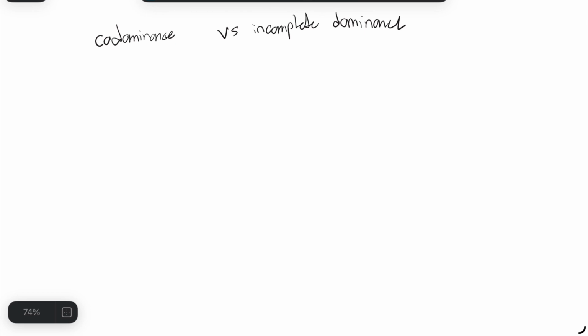Now let's look at codominance and also compare it to incomplete dominance. These topics are usually taught simultaneously, but they have different implications. Codominance, we see that prefix of co. That means alongside. Codominance means we're going to have the two alleles expressing simultaneously. So if we have a heterozygous individual, let's say this is going to be for a flower.